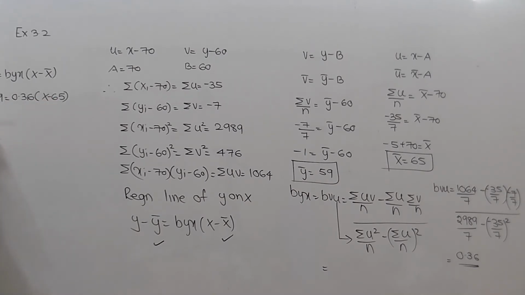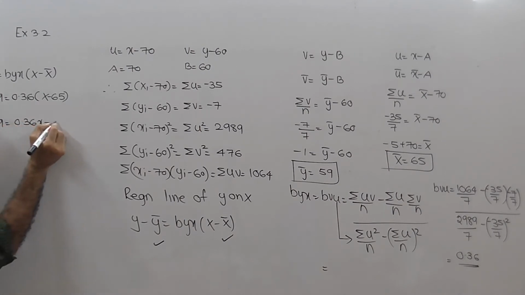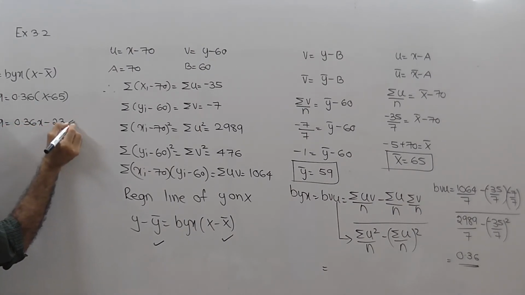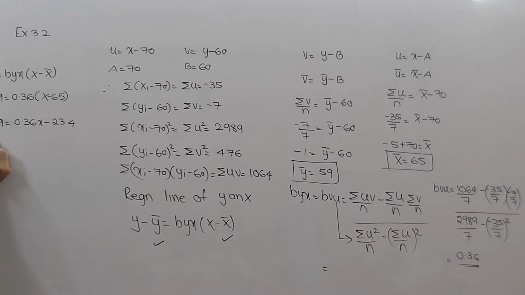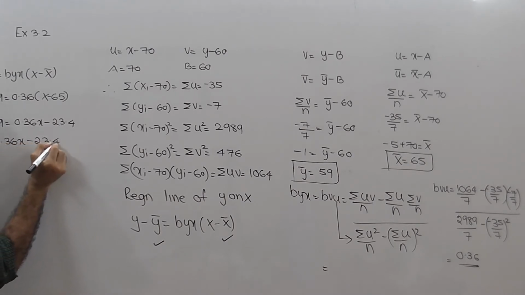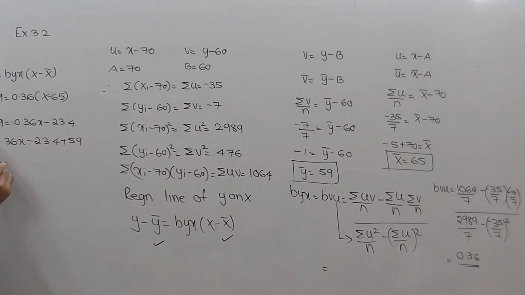So we get y minus 59 equal to 0.36x minus 23.4. You get y equal to 0.36x minus 23.4 plus 59, which is 0.36x plus 35.6.